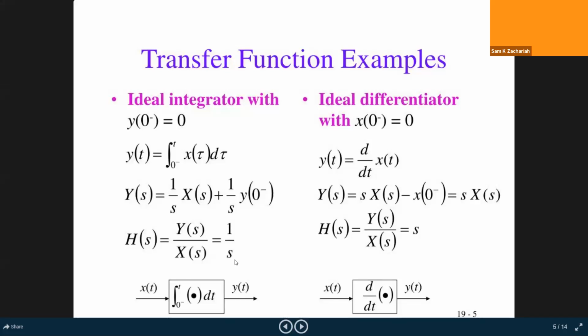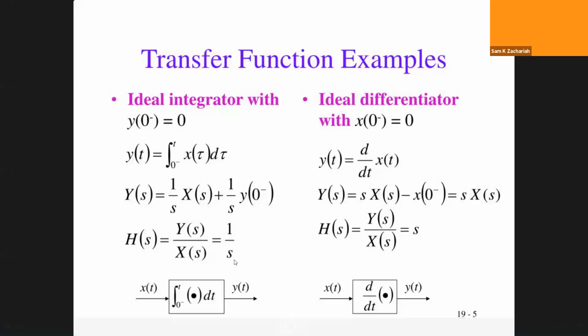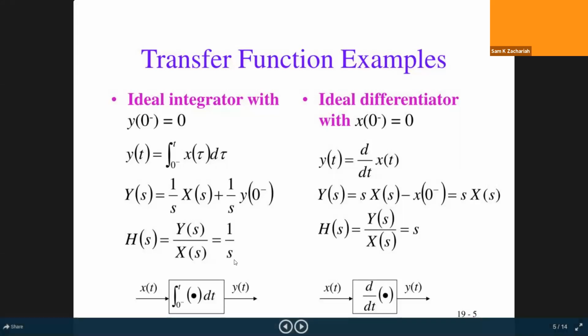So this is the next simple dynamical element. The simplest dynamical element is the simple delay. The next complex one is 1 by s. But opposite to that, there is another element, the ideal differentiator. Since we consider the ideal integrator, we consider the ideal differentiator also. There, y(t) is dx by dt, and we assume zero initial condition.